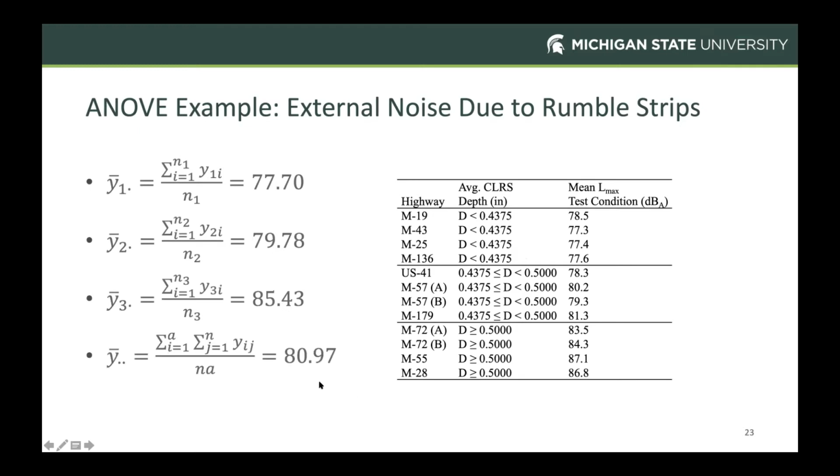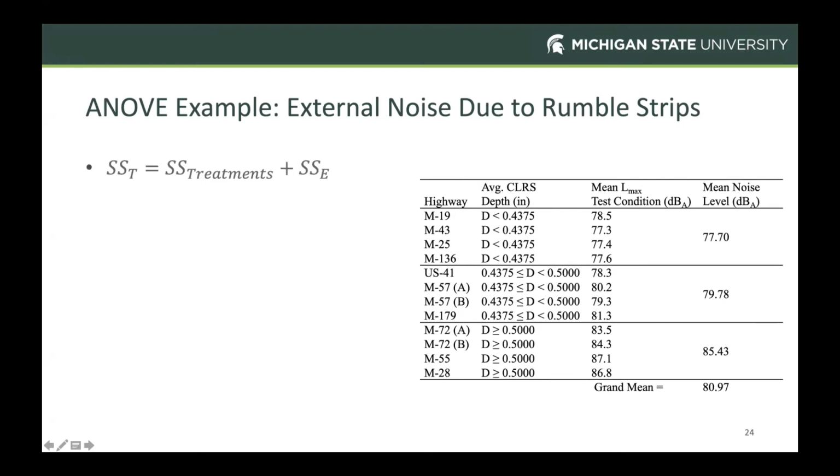And then likewise, we can calculate the overall or grand mean as Y bar sub dot dot, which is just summing each of these 12 measurements and then dividing by 4 times 3, which would be 12 in our case, which gives us an overall mean of just under 81 decibels. Okay, and that information is just shown here in summary form in the accompanying table.